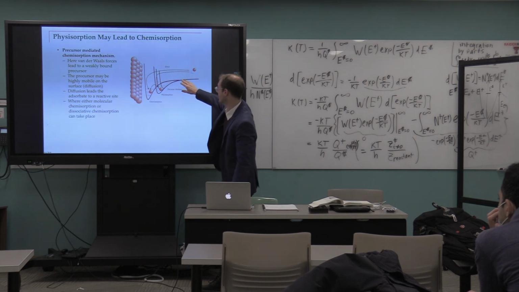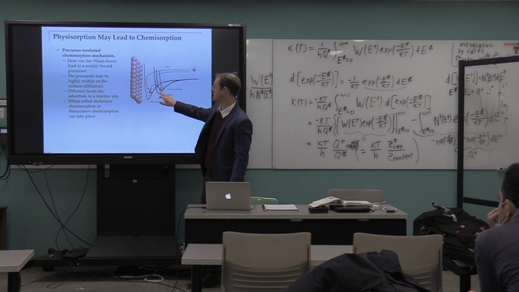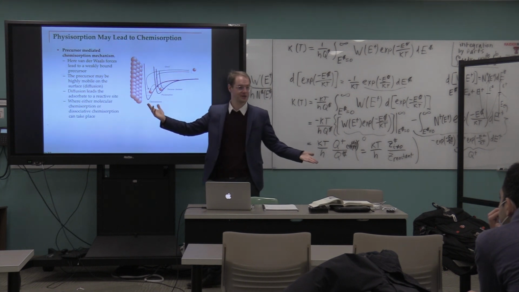But when you have this type of potential energy surface, there's two ways that you can chemisorb.